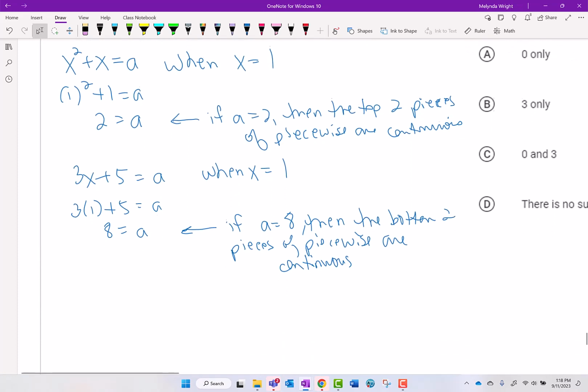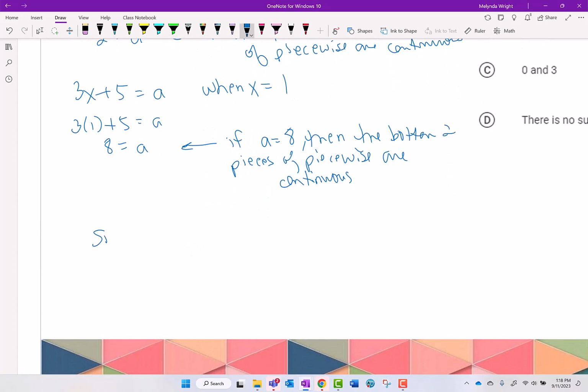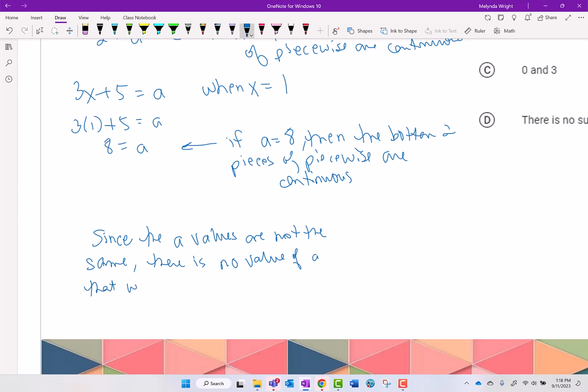So we'll write our conclusion. Since the a values are not the same, there is no value of a that will make g continuous at x equals 1.